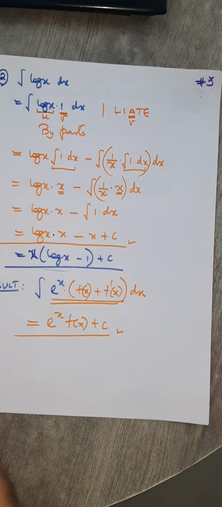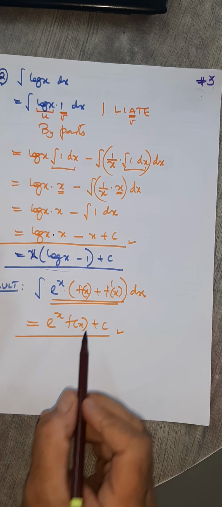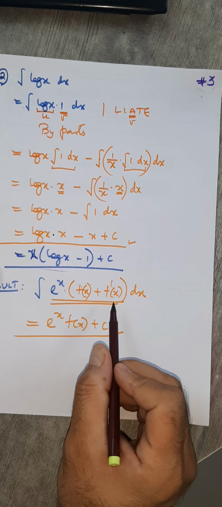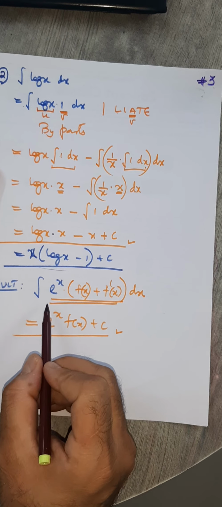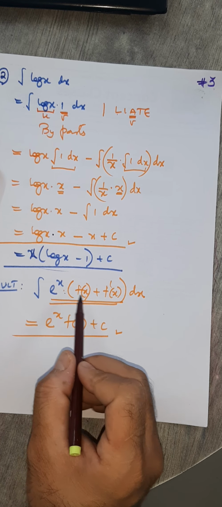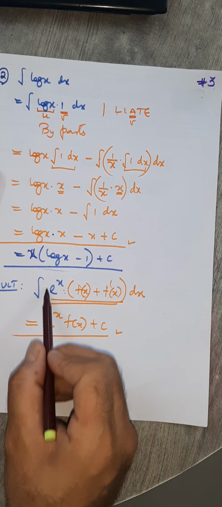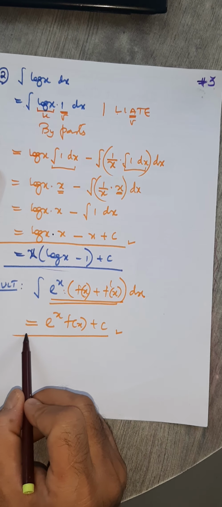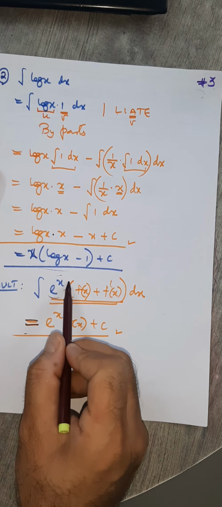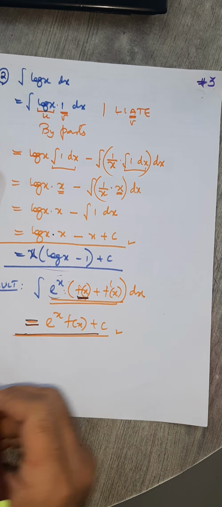Right? It can be proved by parts. We are not getting into it. But if you differentiate this, you will get exactly this. You can verify. I repeat the result: integral of e raised to x into, inside the bracket, f(x) plus f dash x, is given by only e raised to x into the function f(x). This is the answer.